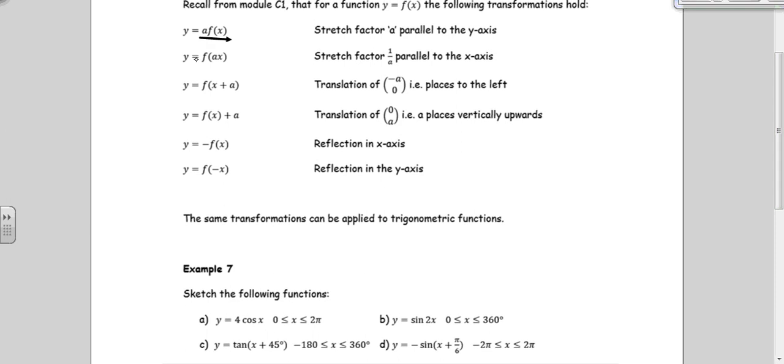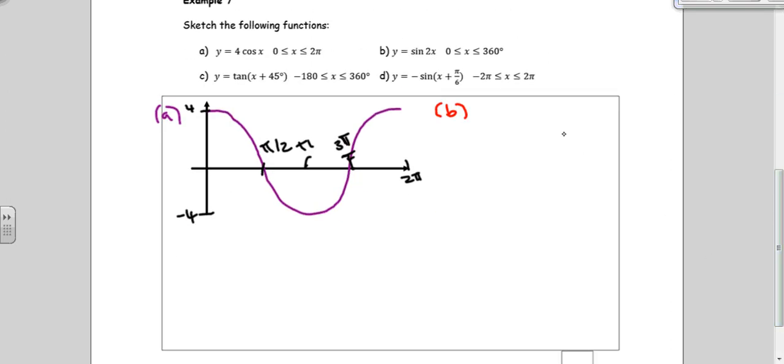So this time we have this, which is a stretch scale factor 1 over a parallel to the x-axis. So I'm going to have my axes again, y and x, and this time we have a stretch of scale factor 1 over 2 in the x direction.